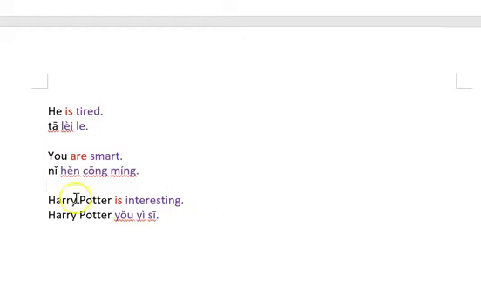Last sentence, Harry Potter is interesting. Over there, you can say Harry Potter 有意思. 有意思 means interesting.